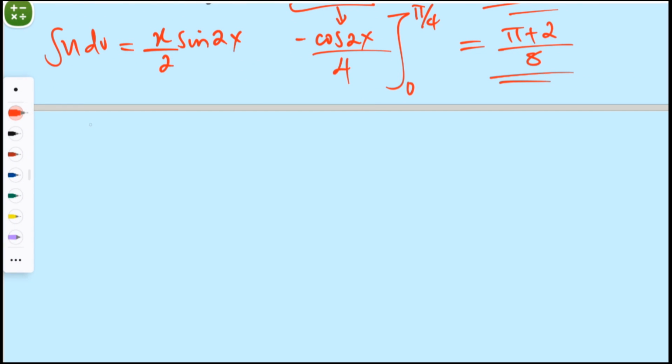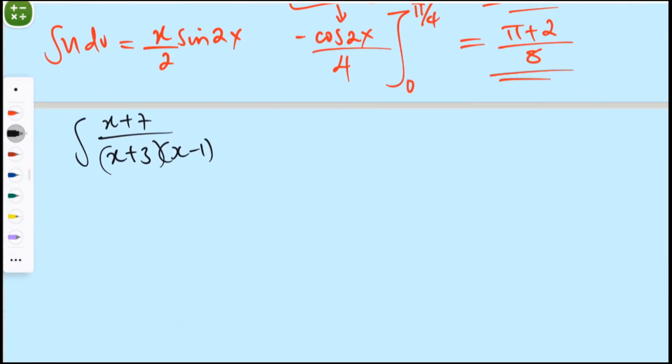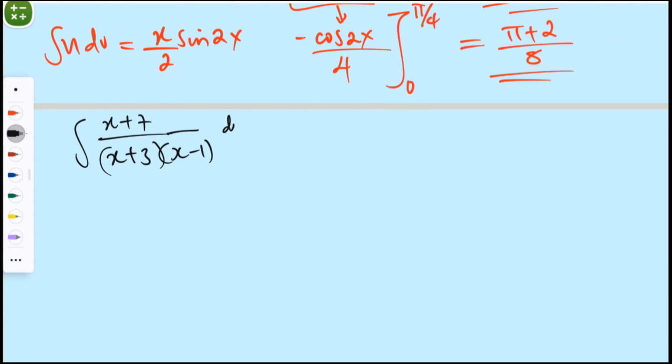So we want to find the integral of x plus 7 over x plus 3 times x minus 1, double check. Okay. There we go. dx from 2 to 9. The first thing we want to do here is separate these, because the denominator is a quadratic, right? If we expand, it will be a quadratic.